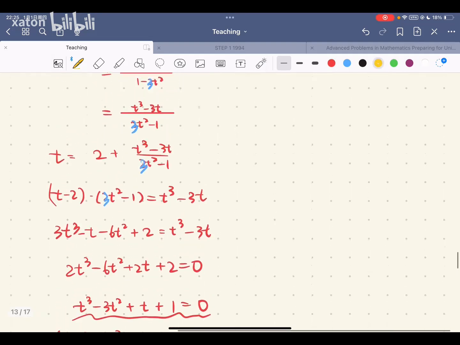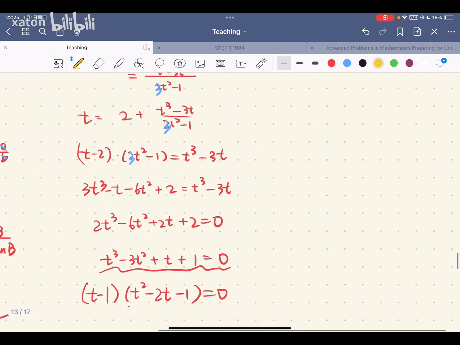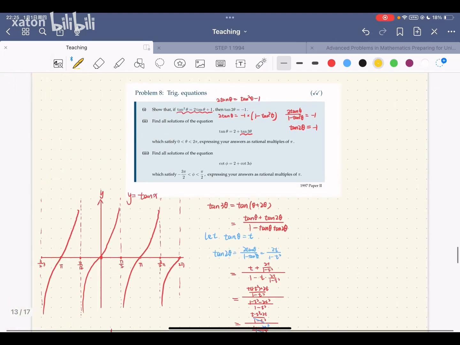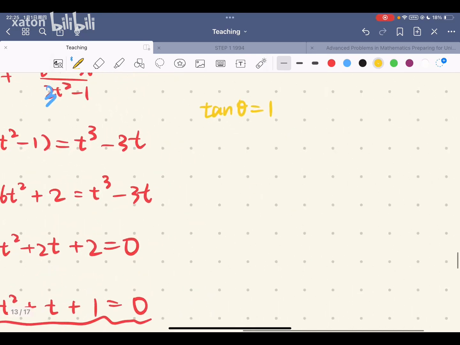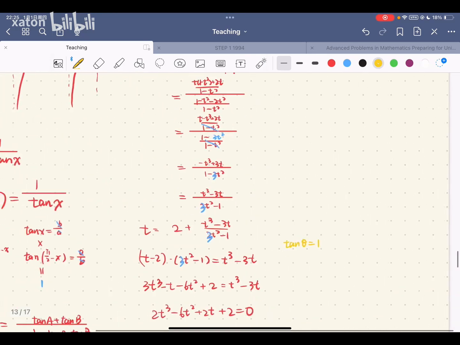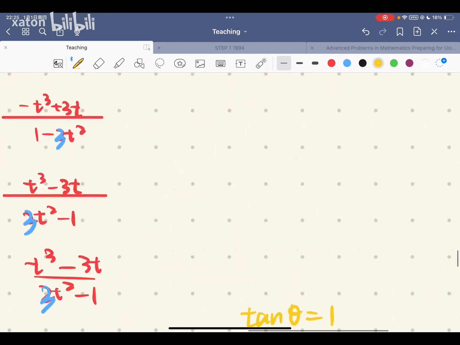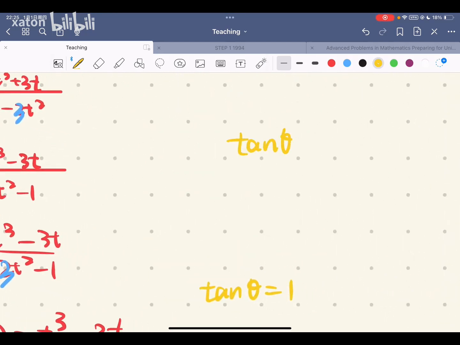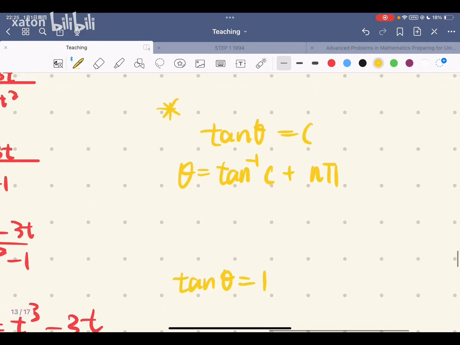So the first part is tangent theta equal 1, because theta is in the interval from 0 to 2 pi. For tangent theta equals c, theta will equal arctangent c plus n pi, because the period of tangent x is pi, and during that period, tangent is strictly increasing.